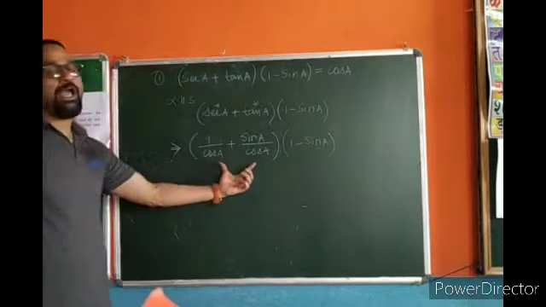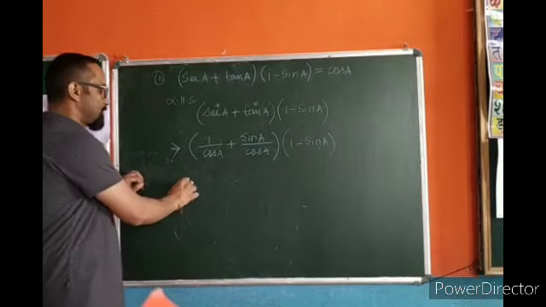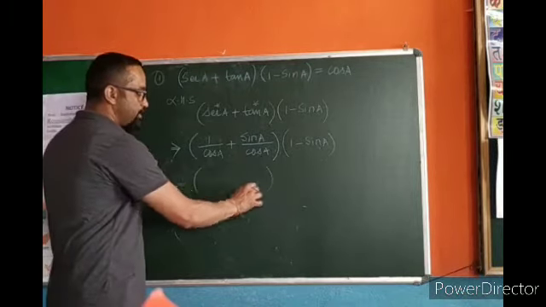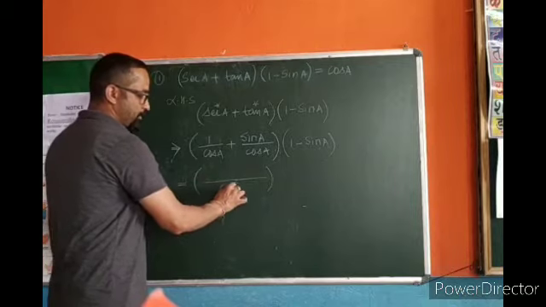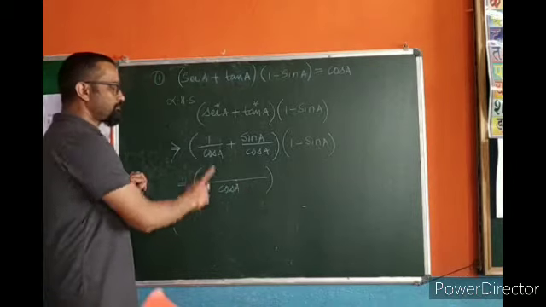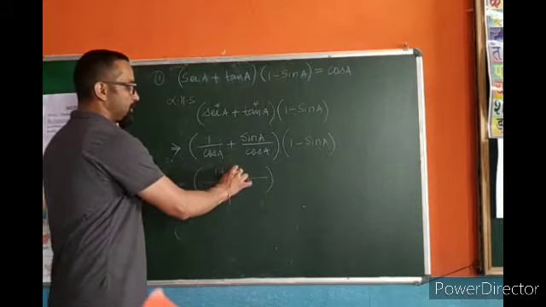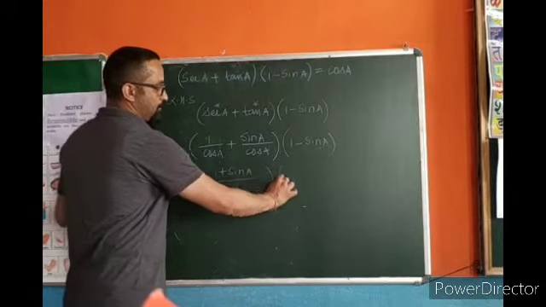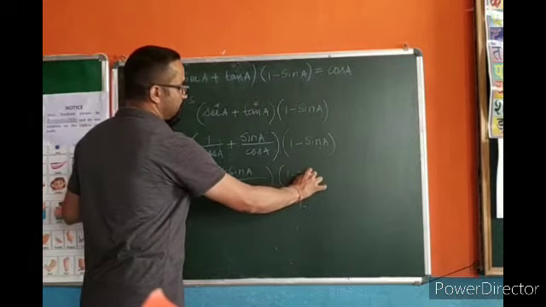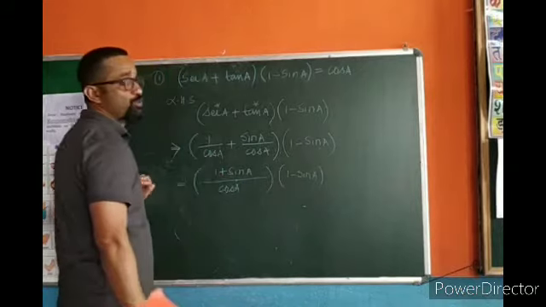When you look at fractions, fractions are simplified by taking LCM. You write cos A, (1 + sin A), and (1 − sin A) is written as you have in the question.